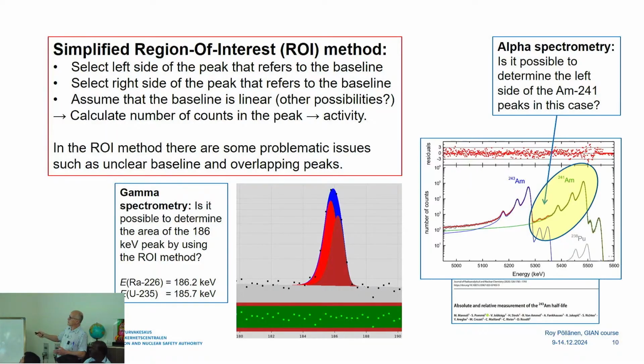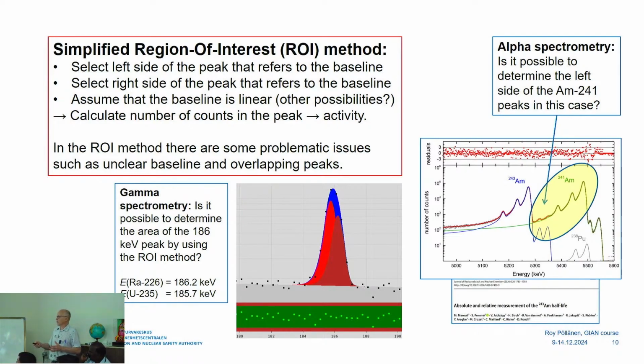An alpha spectrum in which there are two main nuclides, americium-243, 241, a little plutonium. So, how to determine the left side of this? You have to remember that in alpha spectrometry, the situation is usually that all these peaks are summed together, because usually radioelement separation is done.